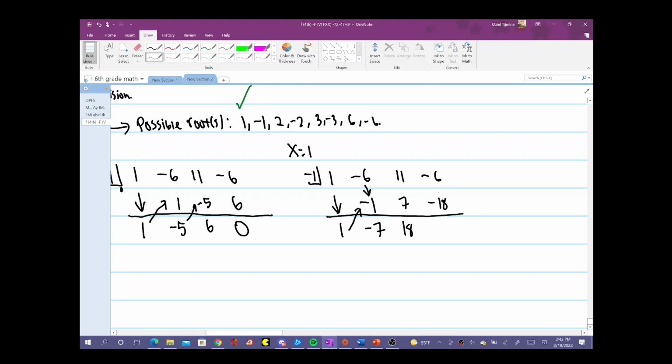Notice that it has a remainder, so x equals negative 1 does not work.